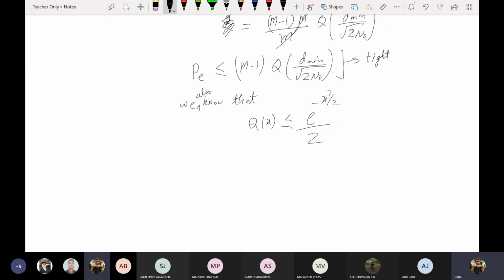You can try this out yourself. Therefore, the probability of error is bounded by this.